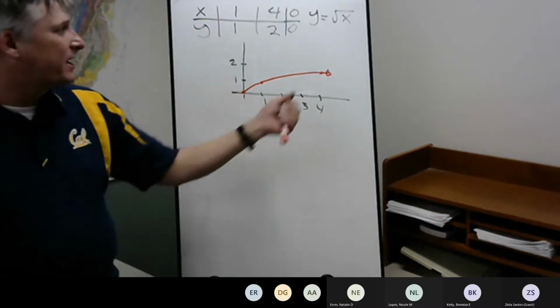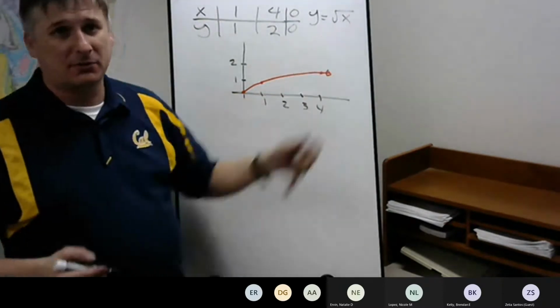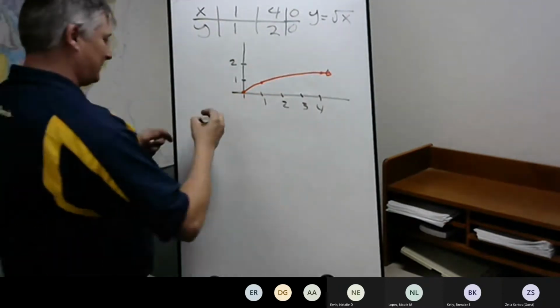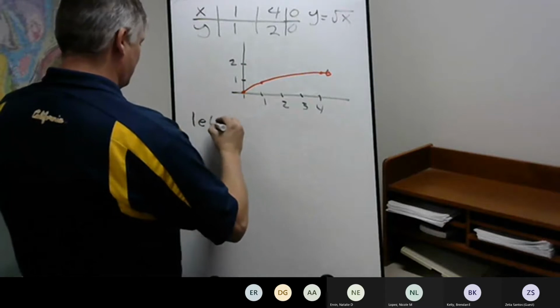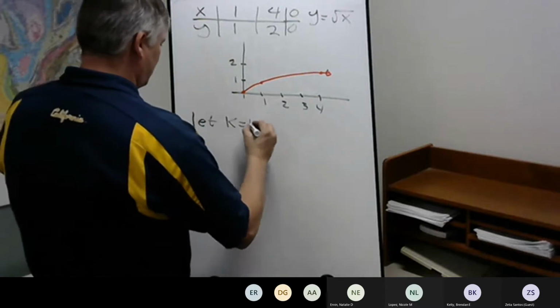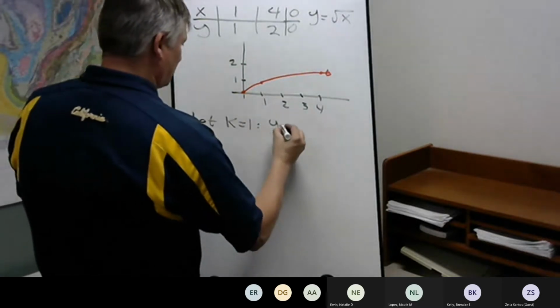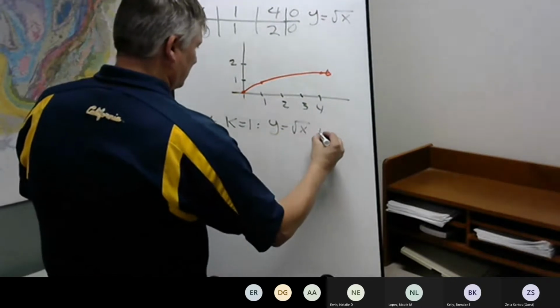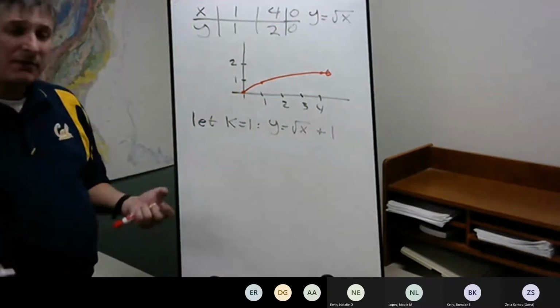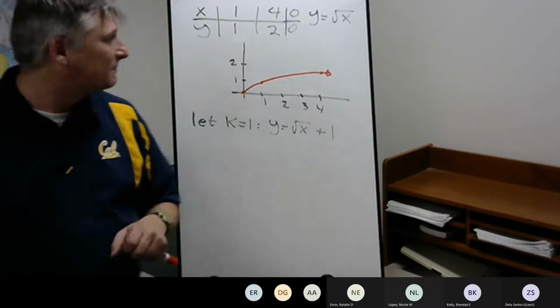Now let's take a look at when we add, say, 1 to this. We're going to let k equal 1. So now we got square root of x plus 1.